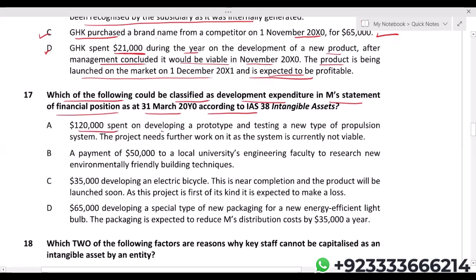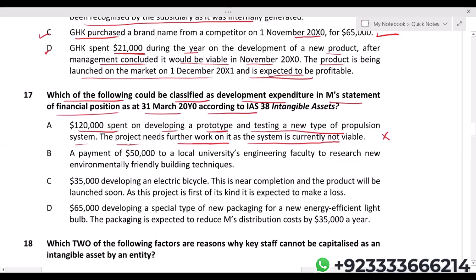Option A: 1,20,000 is spent on developing a prototype and testing a new type of propulsion system. The project needs further work, as the system is currently not viable. Can I say this cannot be capitalized? Because it is quite clear.